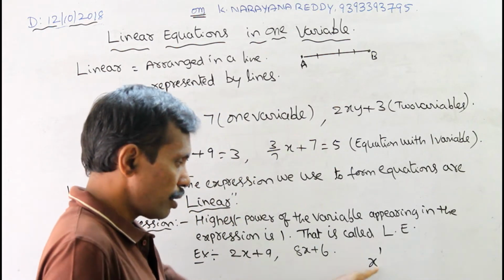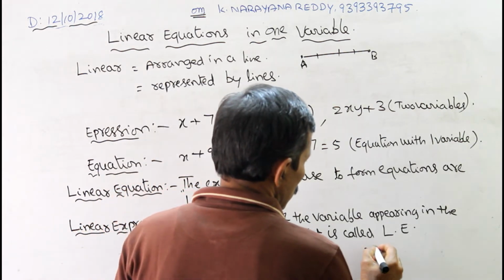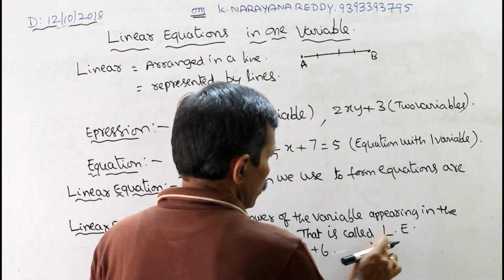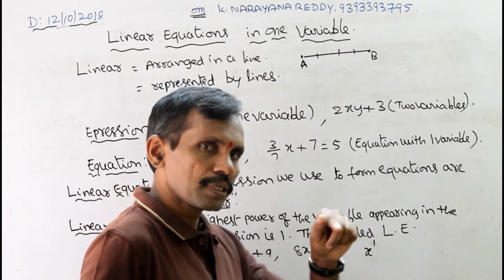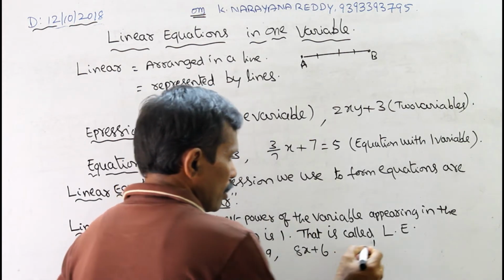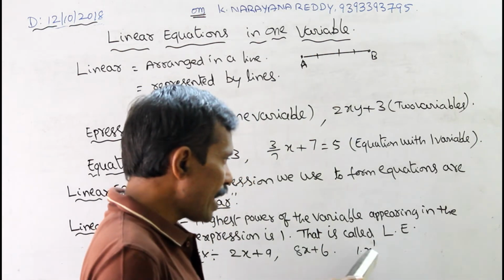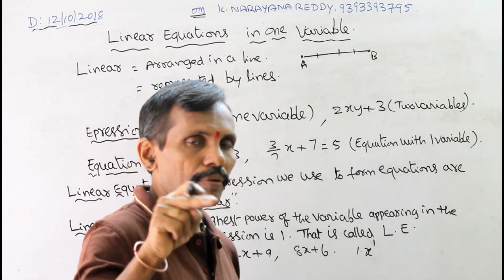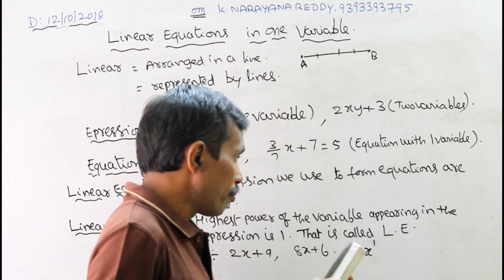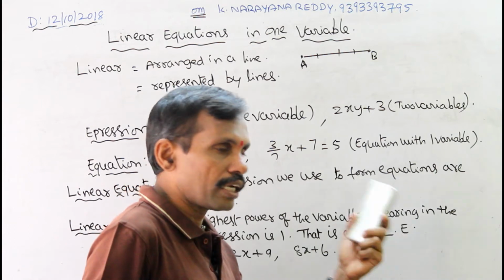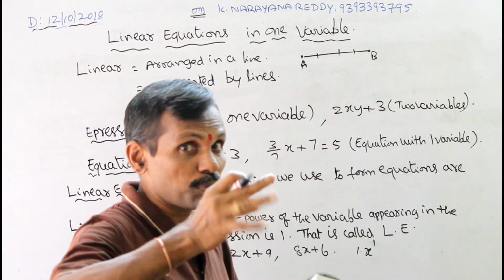The exponent is 1. There is no visible power on x, but x is multiplied by 1, and the exponent 1 you can read as x to the power of 1. That means x contains power 1. Individually, 1 is the exponent, but we read it as x to the power of 1. That is the difference between exponent and power.